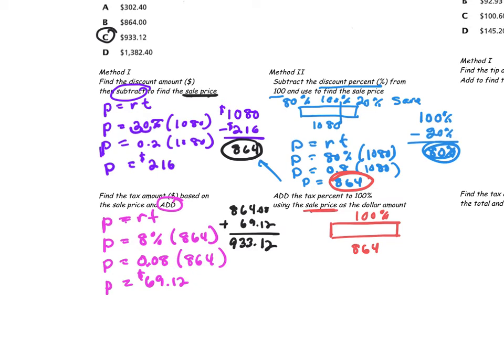And now if we're dealing with tax, we have to add our 8% on. So if I add these percentages together, it's going to equal 108%. So I'm now going to use that 108% along with my discounted amount. I'm again going to use the equation method. I'm going to take the part, and this seems unusual because it's not necessarily a part.